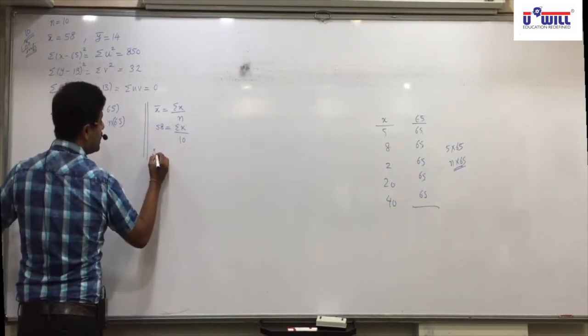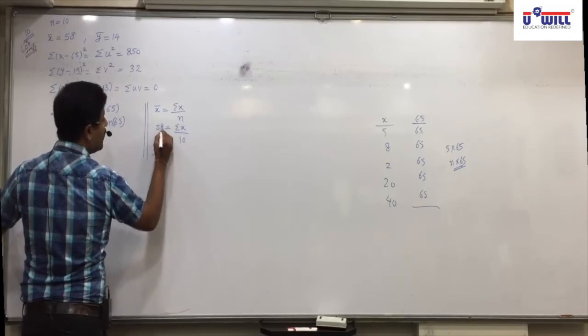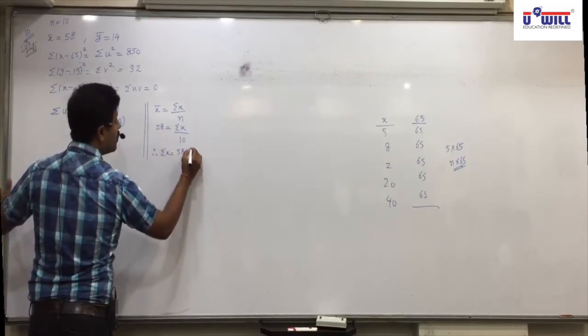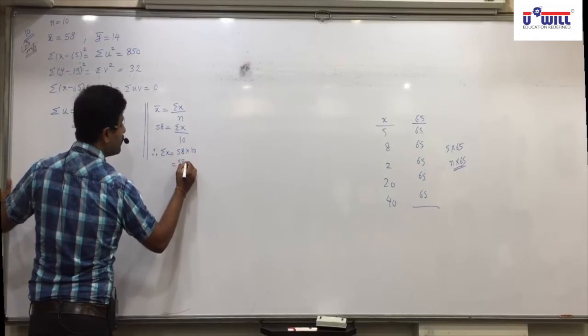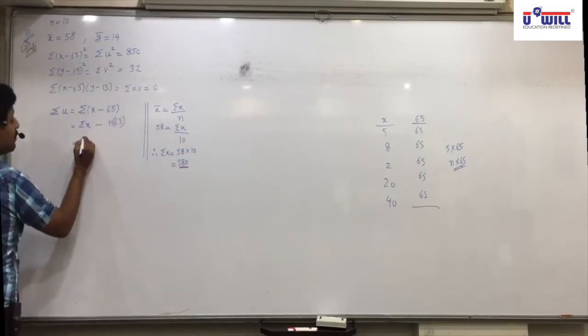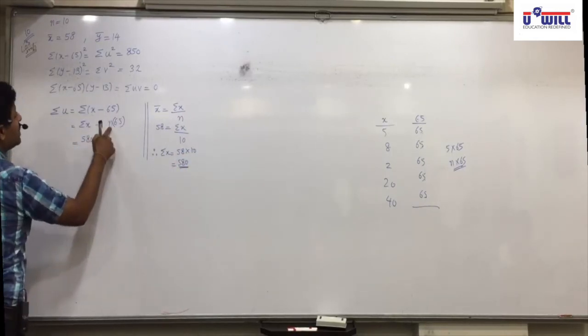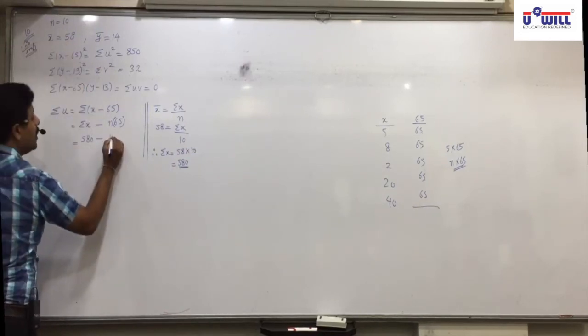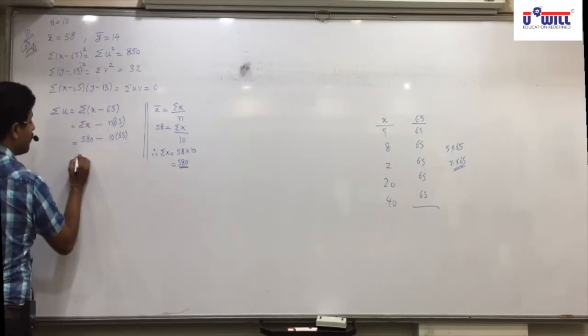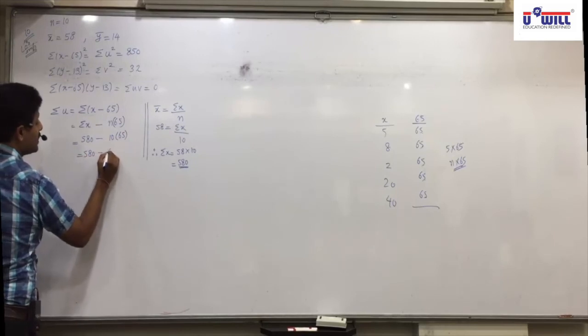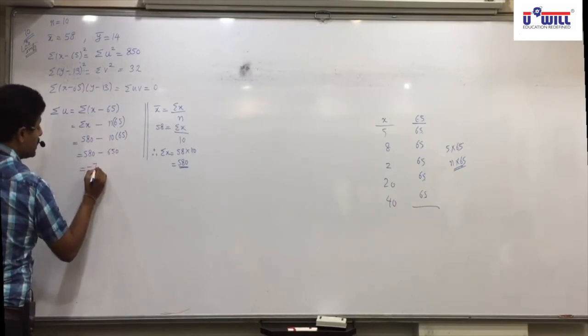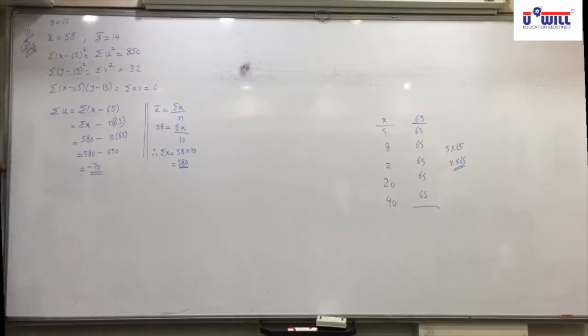So what will be sigma x? 58 into 10, that is 580. Now here can I say sigma x is 580 minus, what is n, 10, into 65. 580 minus 650, that is minus 70. This is what is important in the question.